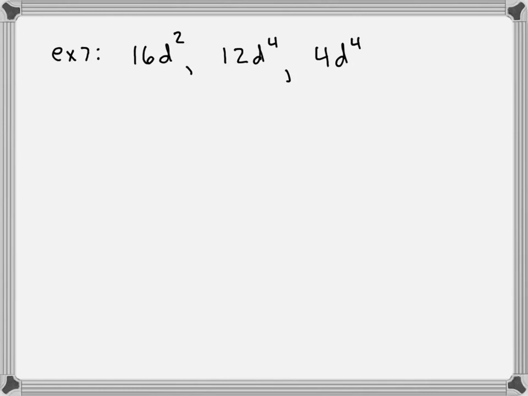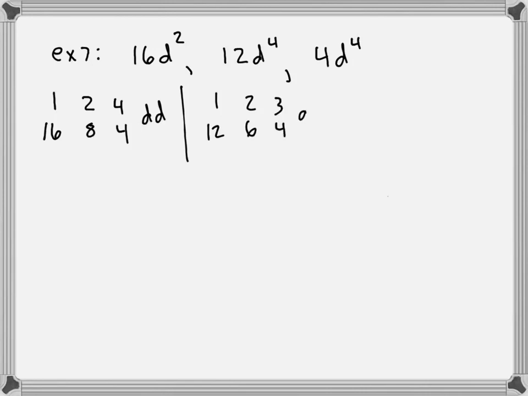So if we look at the first one, we have 1 and 16, 2 and 8, 4 and 4, and 2 d's. That middle one, we have 1 and 12, 2 and 6, 3 and 4, and 4 d's.